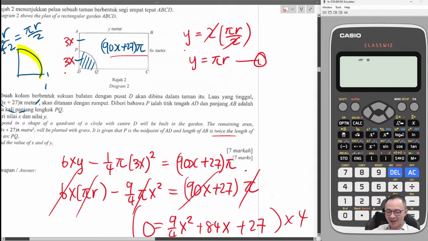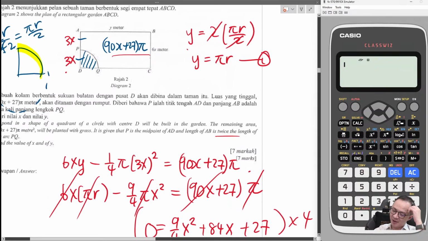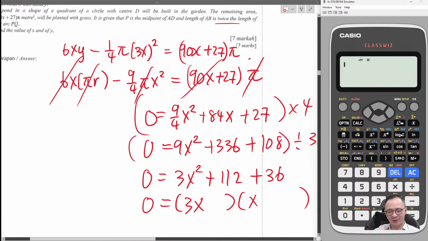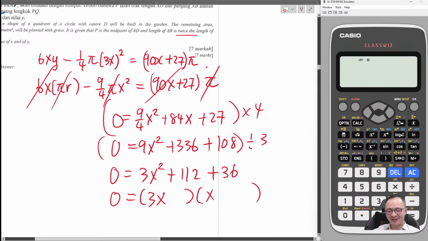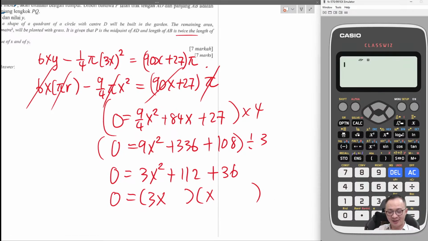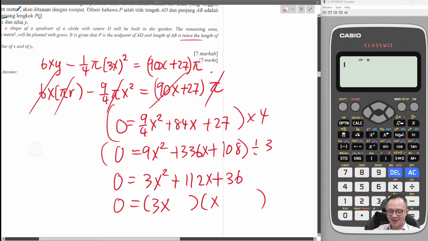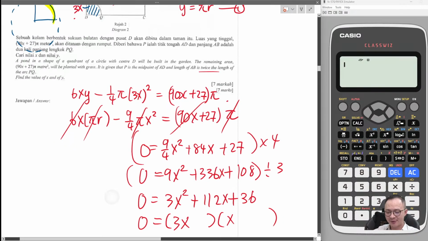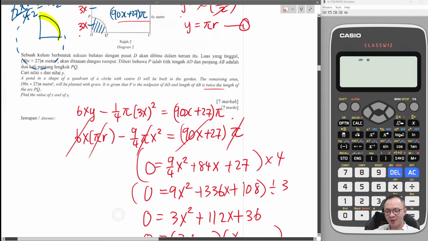Let's check again. 6x multiply y minus the... You forgot to put... Oh, 112 got an x beside it, is it? Yeah, this one got x. In my mind it has the x, but I still couldn't get the answer. Pi r squared divided by 4, right?